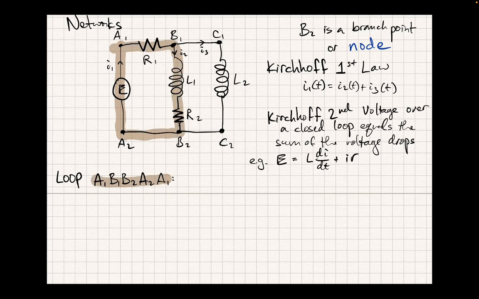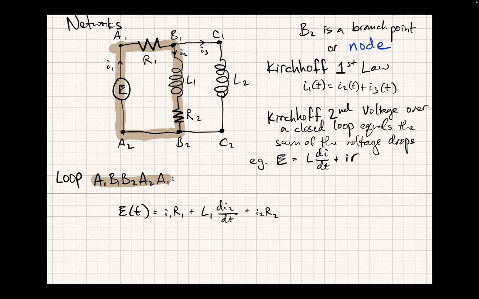So what's Kirchhoff's second law over that loop? E equals R1 I1. Yep. Plus I2 R2. Nope, it's L1 dI2 over dt. The order doesn't matter, so go ahead with L1 dI2 over dt, plus L2, plus I2 R2.